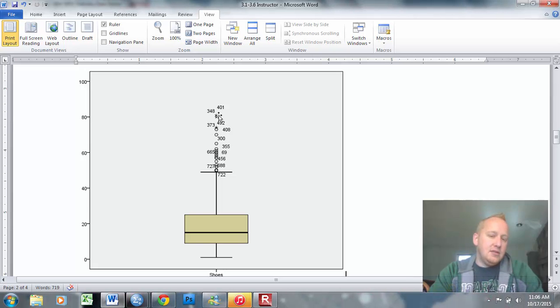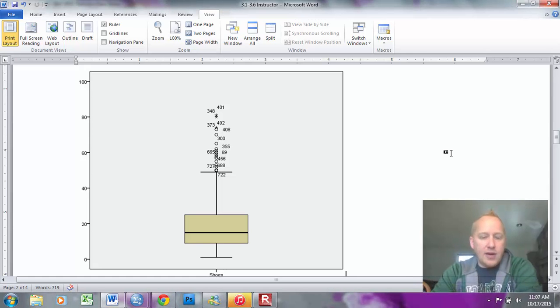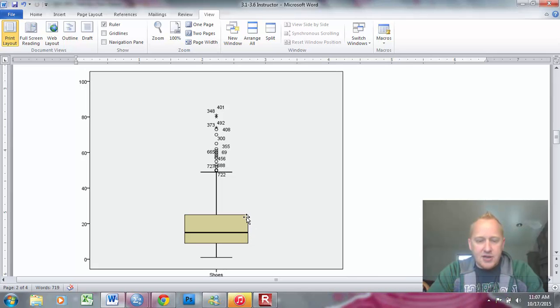The circle or the star, you don't need to know the difference between those two. You still follow it over, and that's still the actual value that we are interested in. What I'm about to tell you, you don't have to know, but to determine outliers, what SPSS does is they take this distance right here, which we will give a name to shortly, but the distance from Q3 to Q1, they multiply that by 1.5.